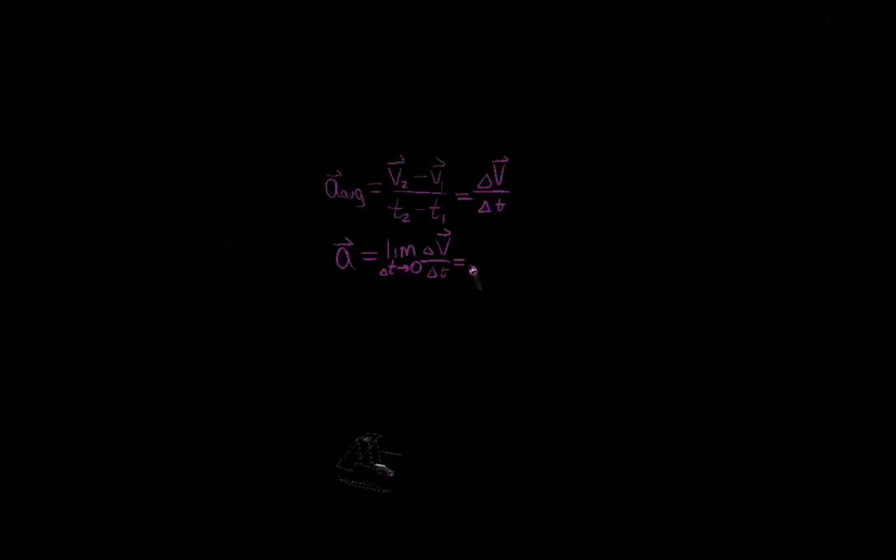And that can be written in component form: dvx/dt i hat plus dvy/dt, the component of velocity in the y direction, j hat, plus dvz/dt, the component of velocity in the z direction, k hat.